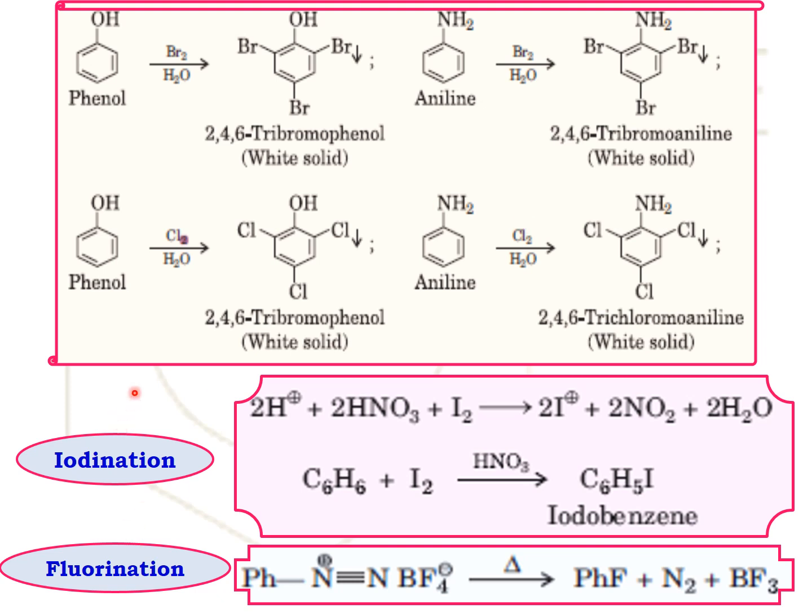And the next example is iodination. Here the substitution of iodine in an aromatic compound is not as easy as in the case of chlorine and bromine, because iodine is found to be the least reactive among the halogens. So the reaction may be reversible in nature.